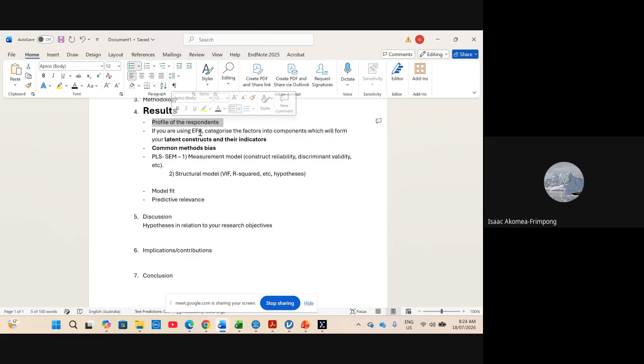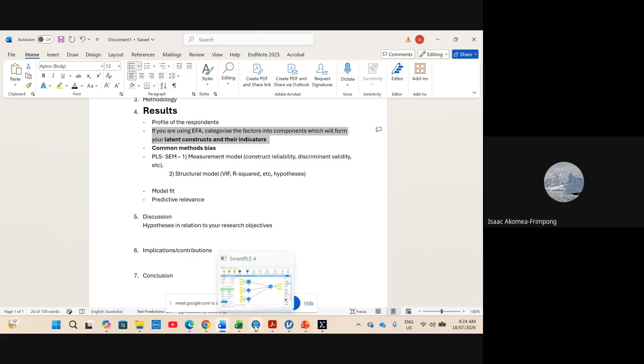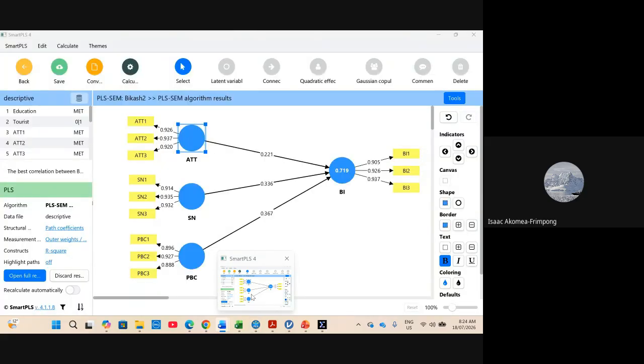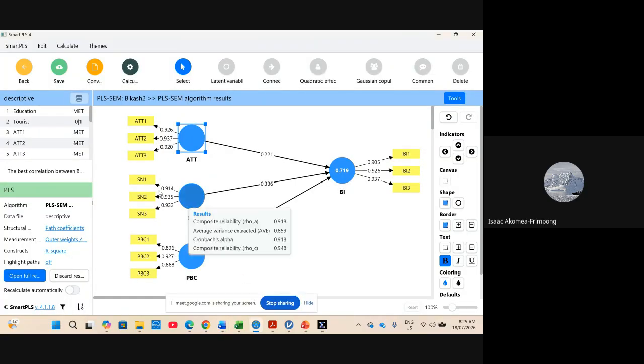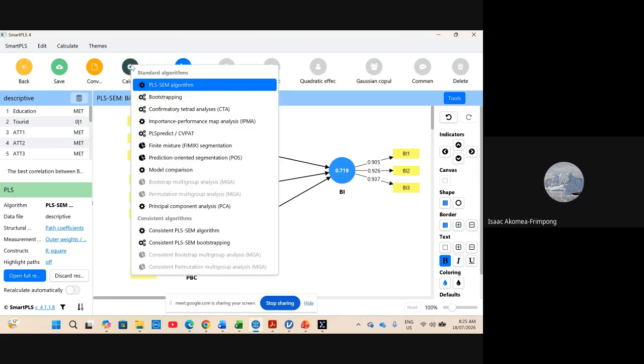And then when it comes to the EFA, one good thing about the current Smart PLS is that it has the capacity to help you to run EFA. The Smart PLS now has it, because in the past, like the Smart PLS 3 and co, that one was not there. But now there is a capacity, for example, you take the principal component analysis.